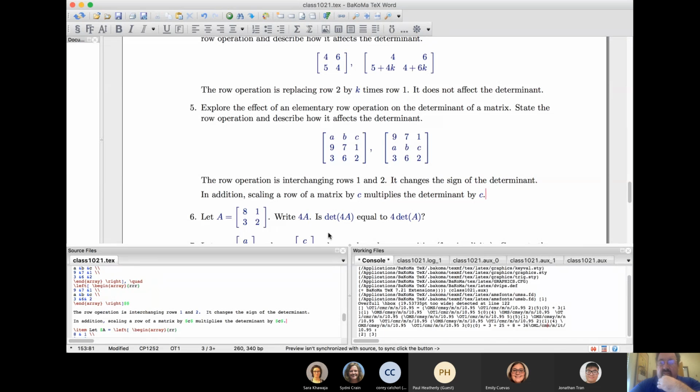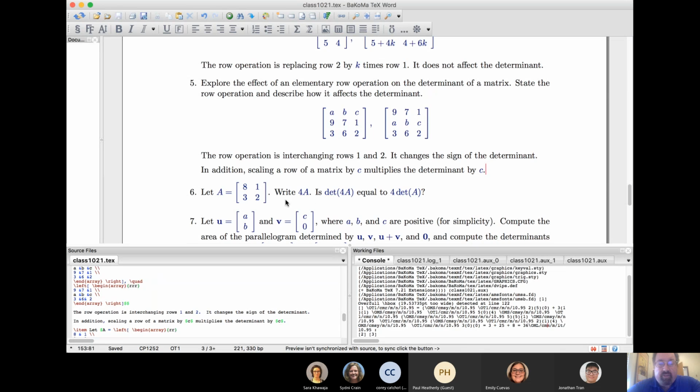So if I just take a first row and multiply it by 2, then that doubles the determinant. So this is how the 3 types of row operations affect the determinant. So no effect at all, changing sign for swapping, and scaling a row scales the determinant.